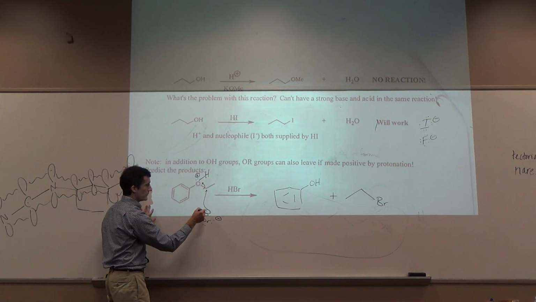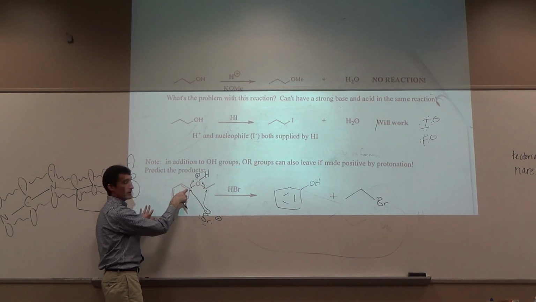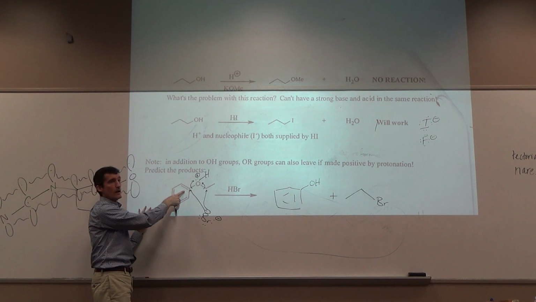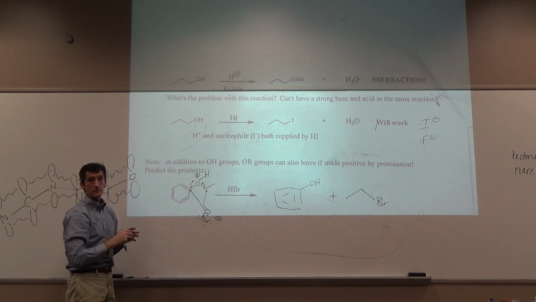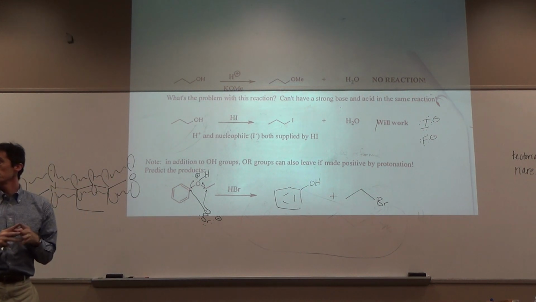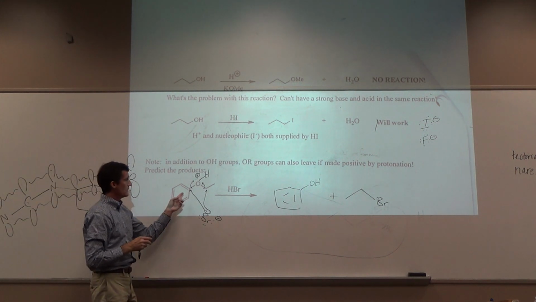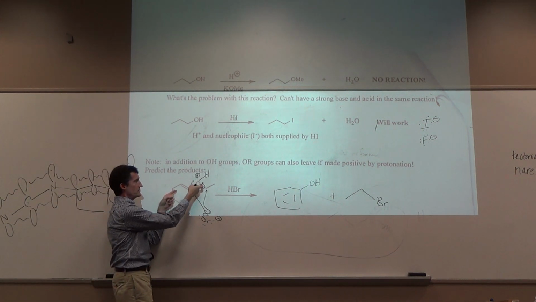Don't tell me you attacked over here and kicked the oxygen off of that carbon, did you? Is that a tetrahedral carbon? No, we only do substitution on tetrahedral carbons. See, this is the case where the oxygen is bonded to two carbons.